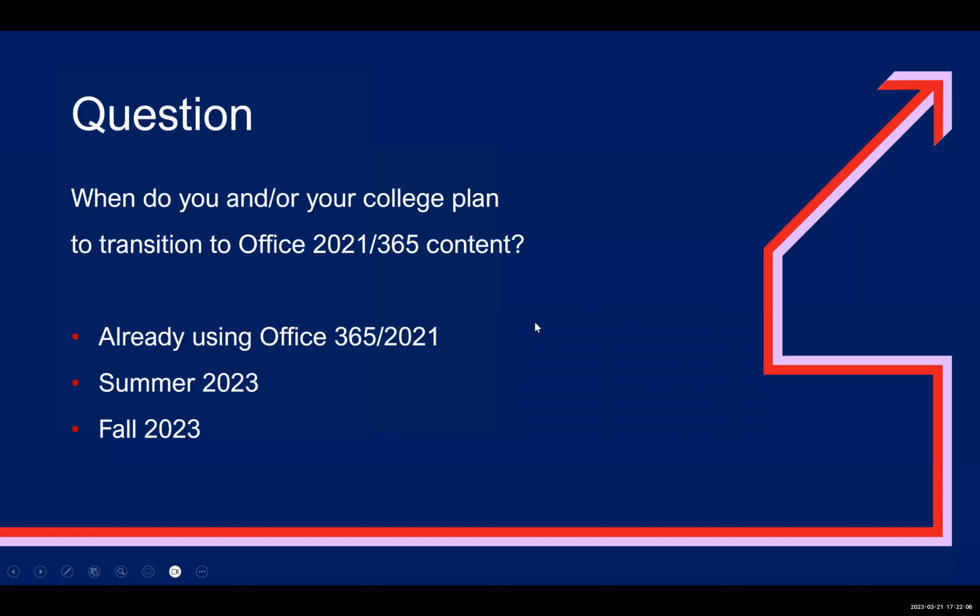Already using. Yeah, I think most of us are. I don't know if it's the same where all of you are, but here in the States, students get Office, and all the colleges get Office 365, or actually it's now called Microsoft 365, free.